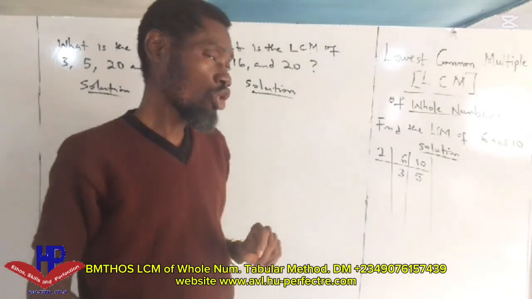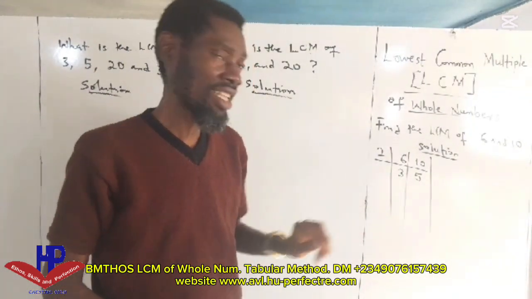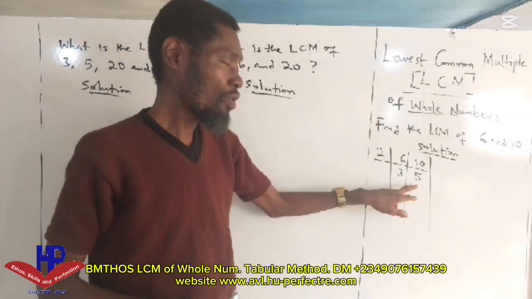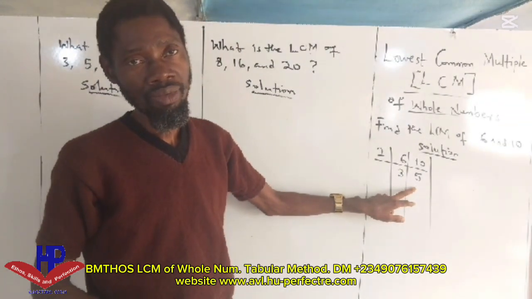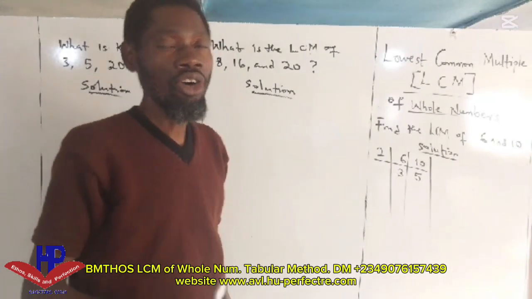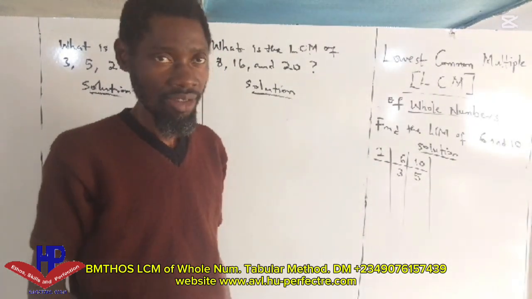So if there's no number that can divide 3 and 5 at the same time, it means that 3 will divide itself and 5 will also divide itself. For LCM, I said you must reduce the numbers until you arrive at 1.